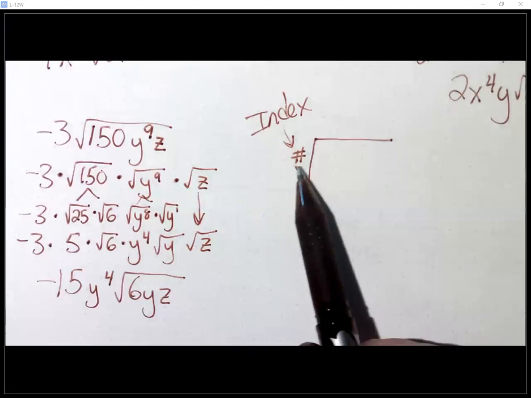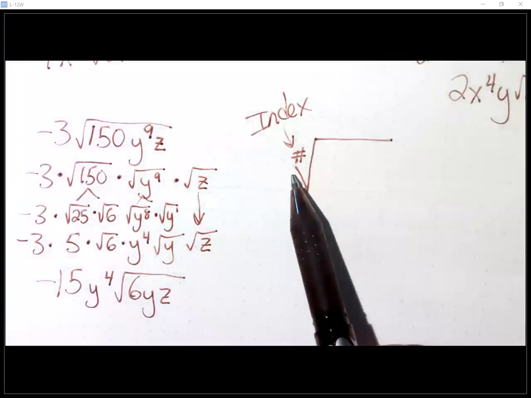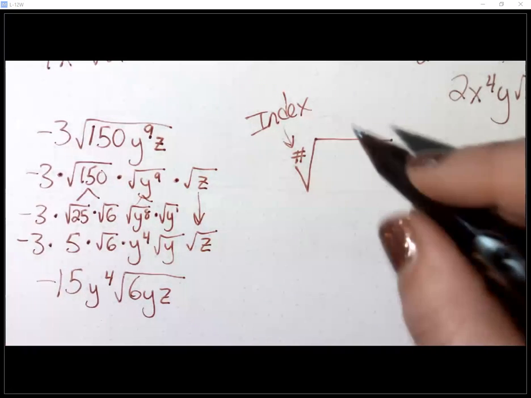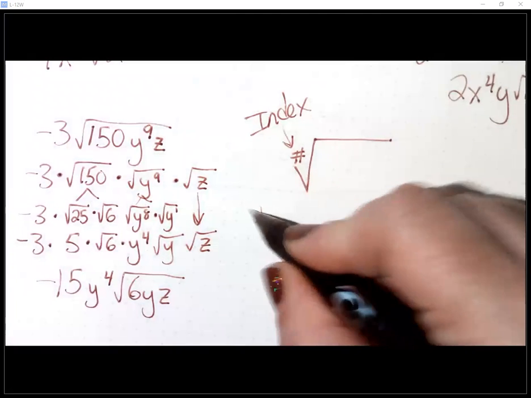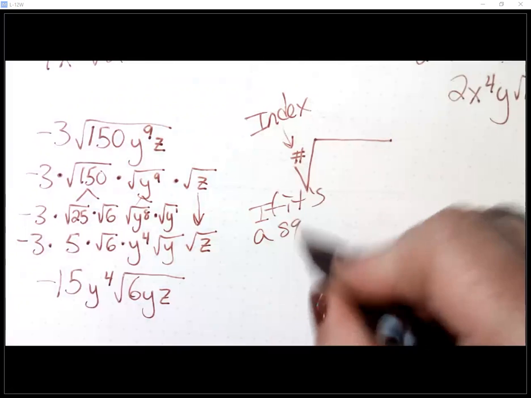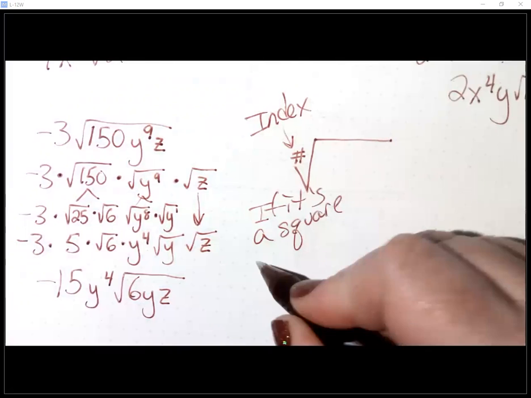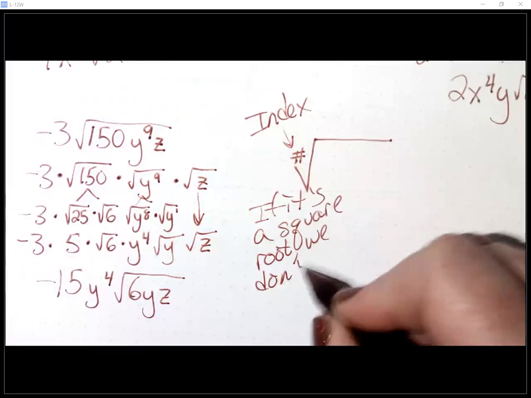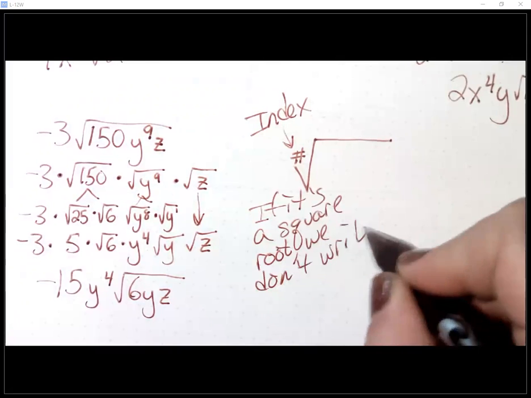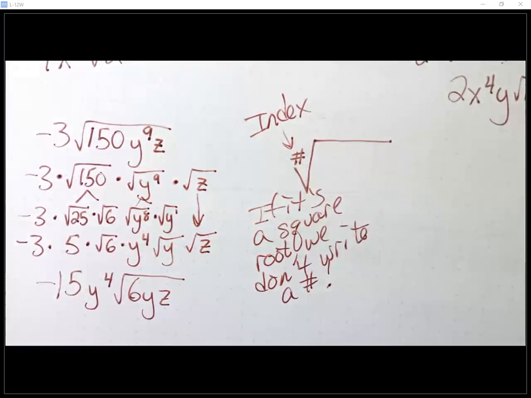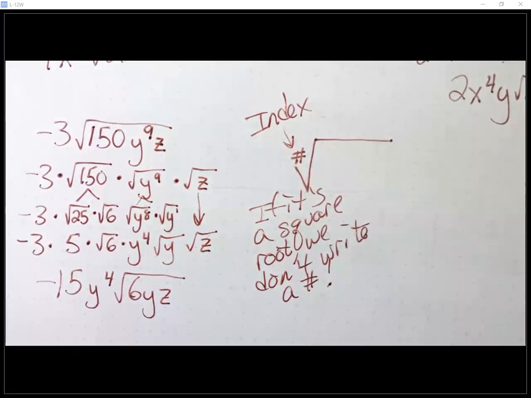So if there is no number, we just assume that it's a 2. All right, so when I say index, now you know that's the thing that we're talking about.